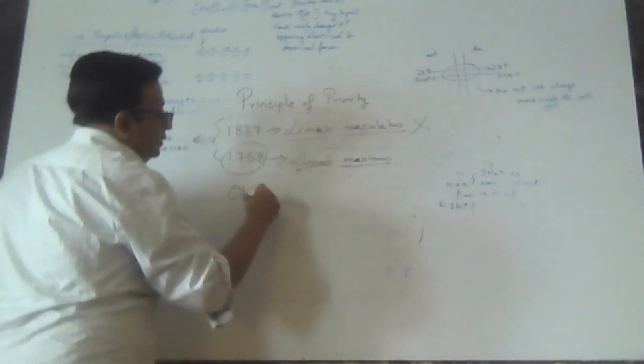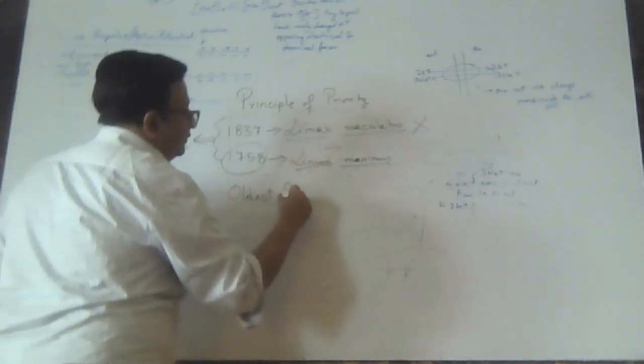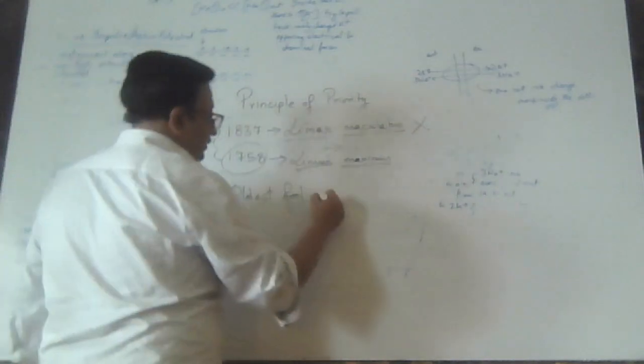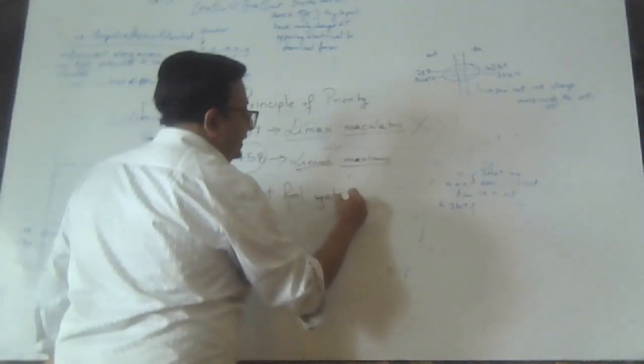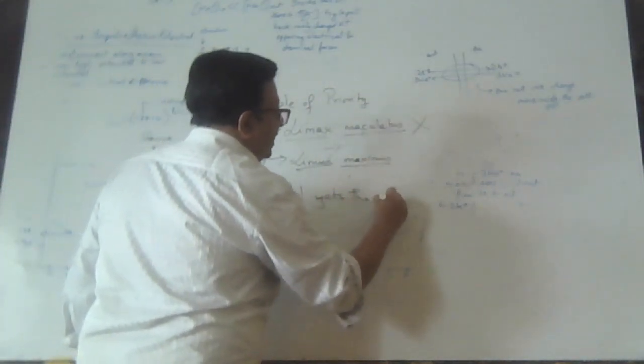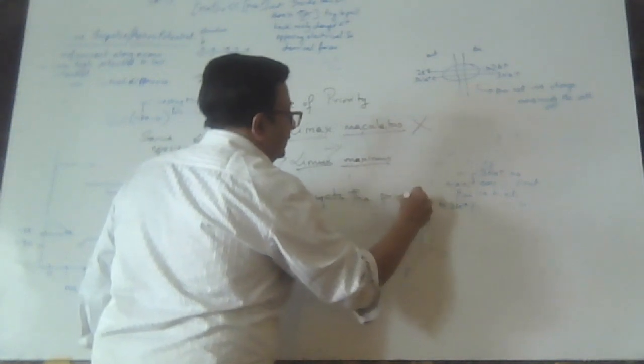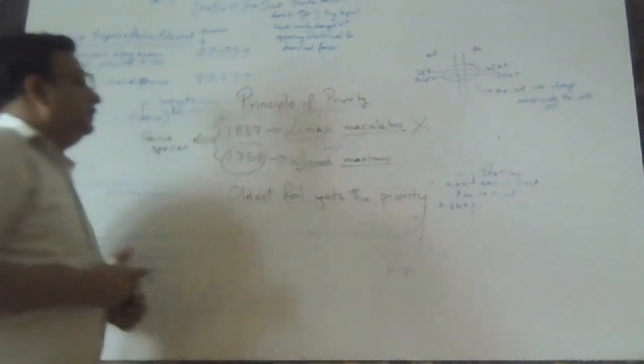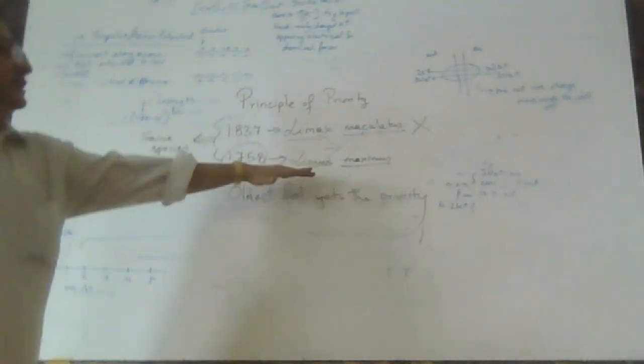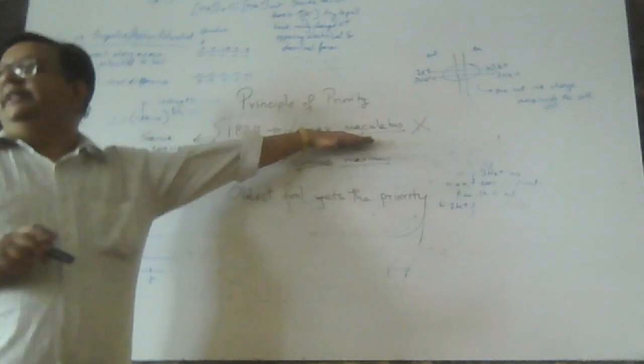So the oldest name gets the priority. The oldest one, from 1758, gave this particular name, and Limax maximus was kept and the other was removed.